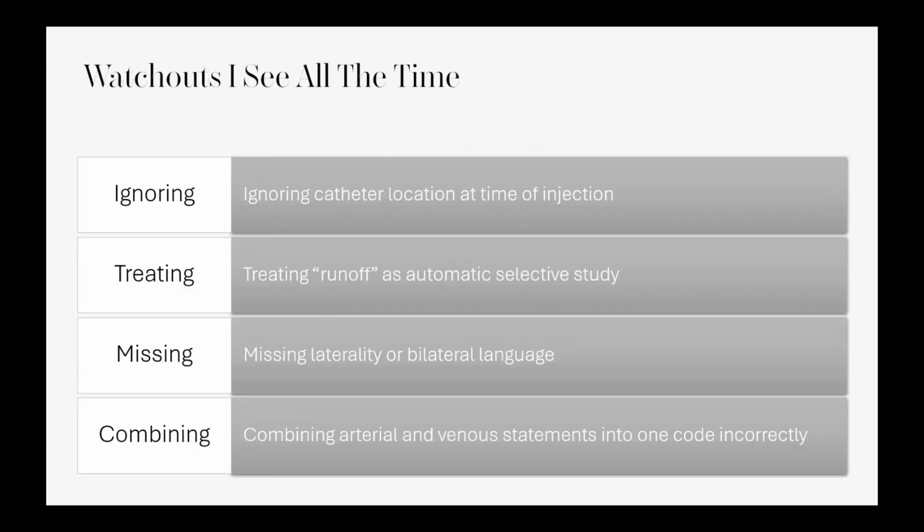Those four mistakes cause the grid the most grief. If you focus on where the catheter was during the injection, read the exact phrasing for laterality, and separate arterial from venous work, you fix most errors quickly this way.